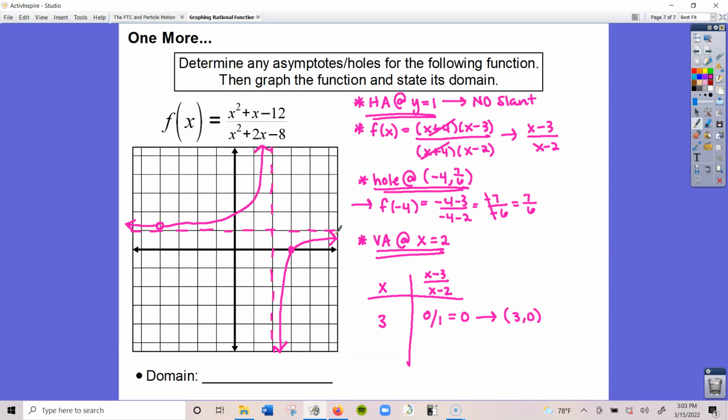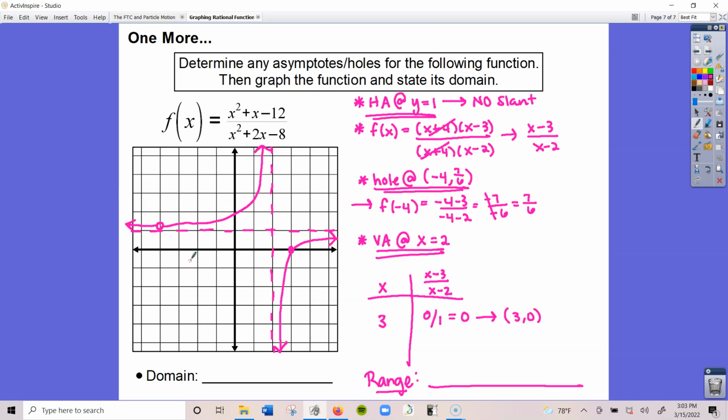So now, to get the domain, and I forgot here to put the range, so we're going to do both. The domain is restricted by the vertical asymptote and the x value of the hole. So you can do it however you like, either using the graph or using what we did in the previous lesson by creating your number line.